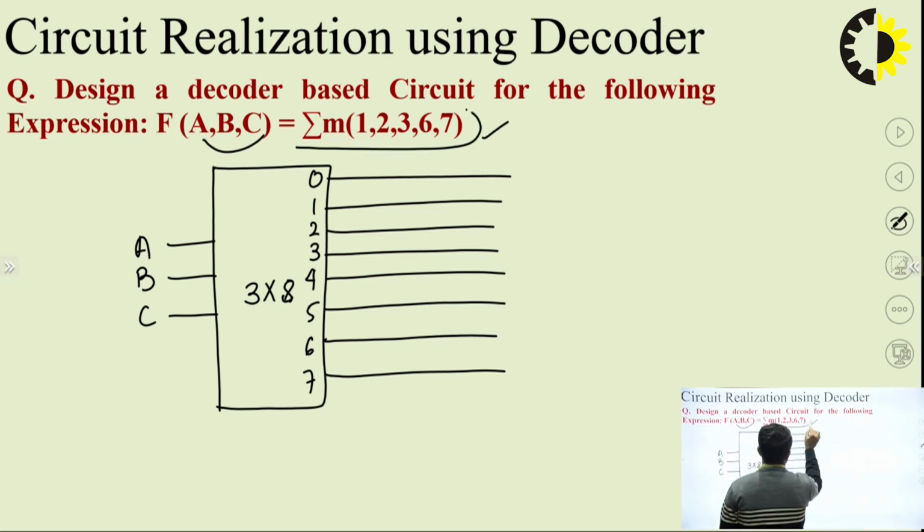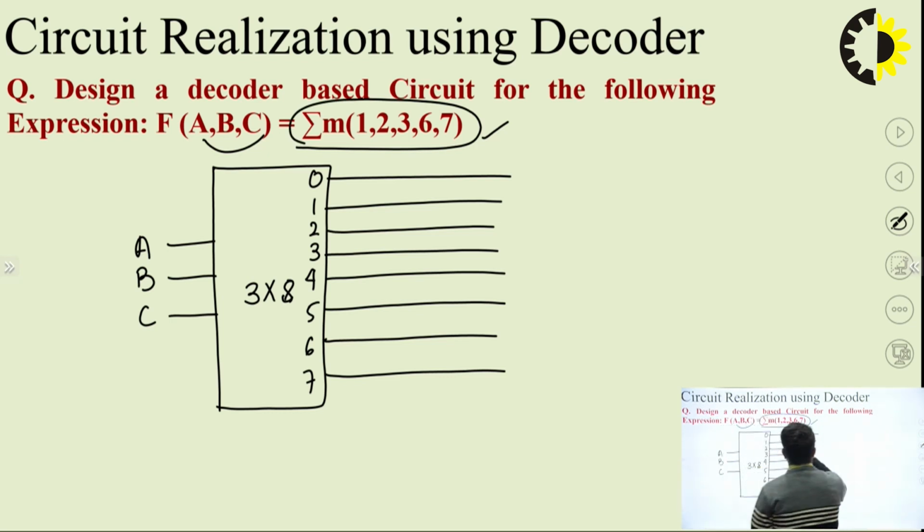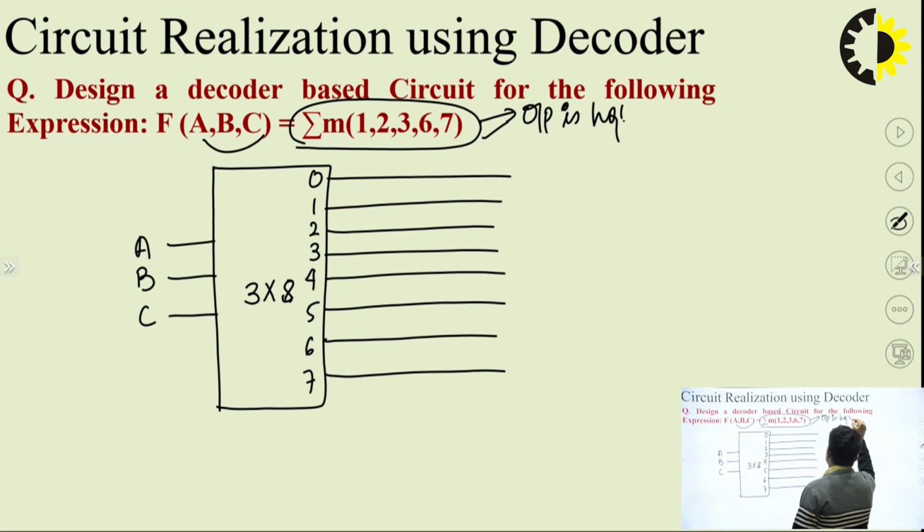This expression is an SOP expression which has these 5 high values. That means the output is high at these 5 locations, or we can refer to them as canonical terms.